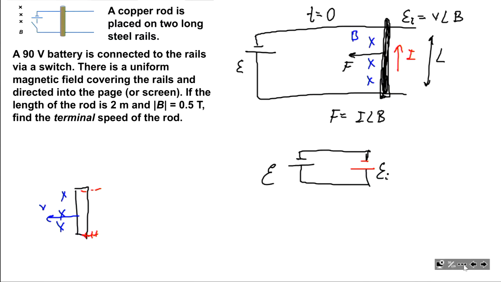So eventually, the induced EMF over time, very quickly, reaches the value of the external EMF, but they are connected opposite to each other. So eventually, they cancel, kill each other.